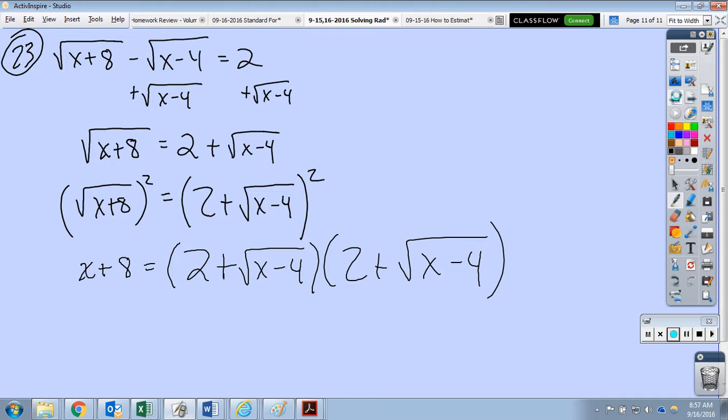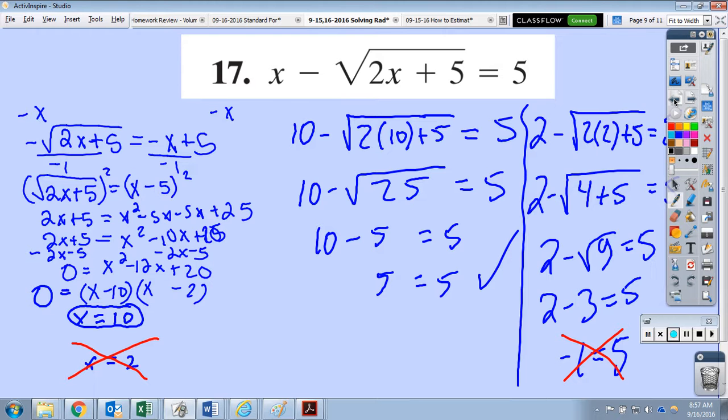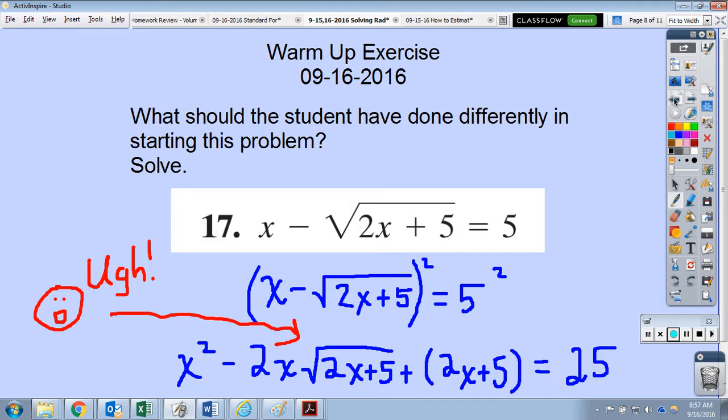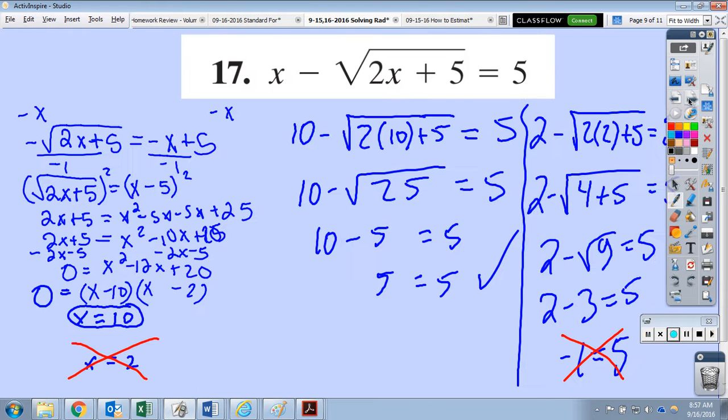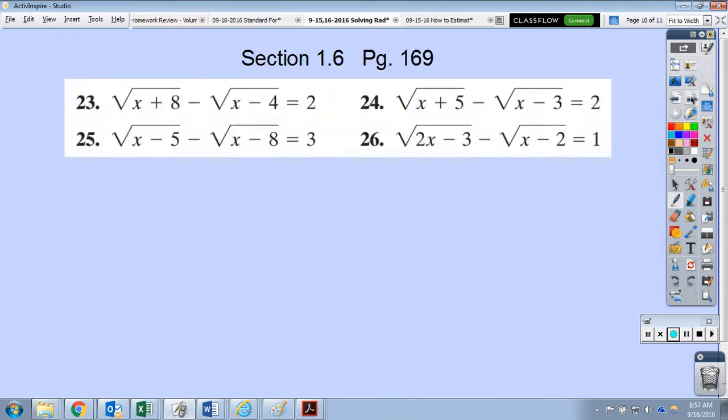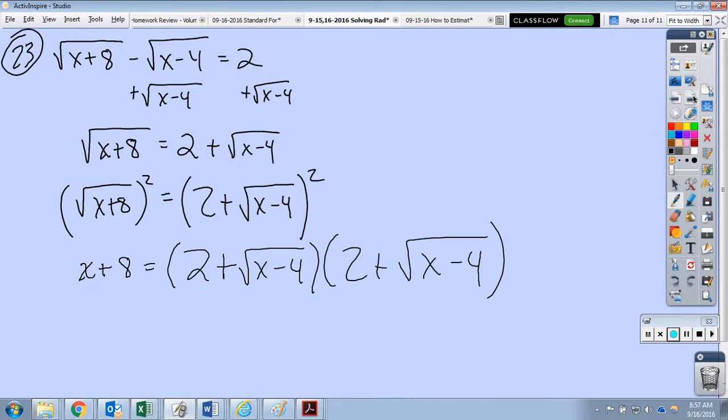No, the mistake the student made on the warm-up problem was that they squared before they isolated the radical. They should have isolated this radical first. They should have gotten the square root of 2x plus 5 by itself first, and then squared it. So even though there are 2 radicals in this problem, we're still looking to isolate one of them.